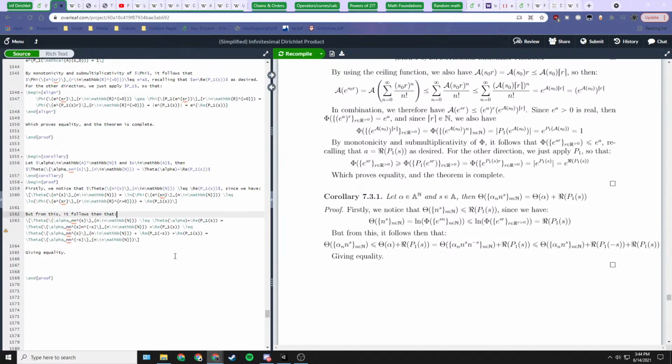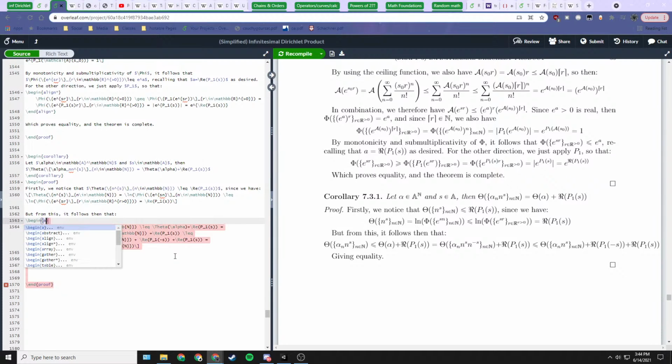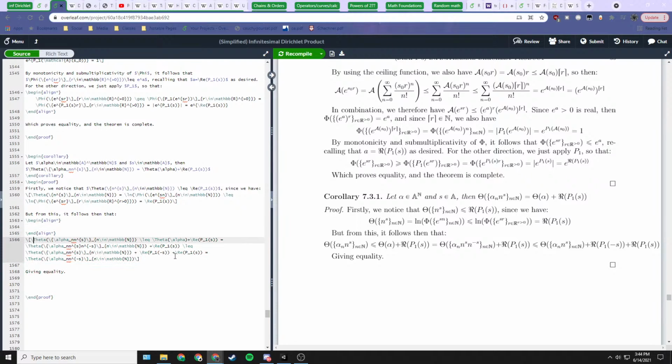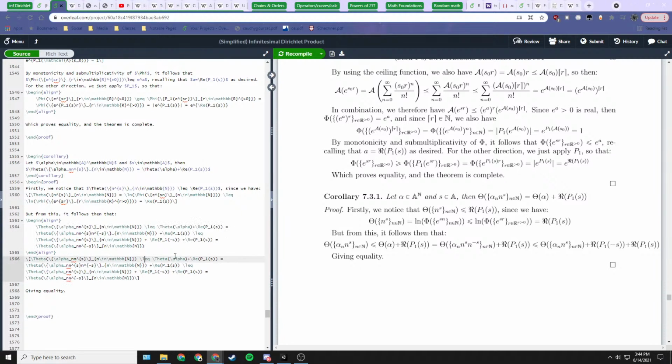That is way too long. So we'll put that in an alignment environment, and we'll split it up into a couple lines. Put a marker there. I think I'll split it up right there.